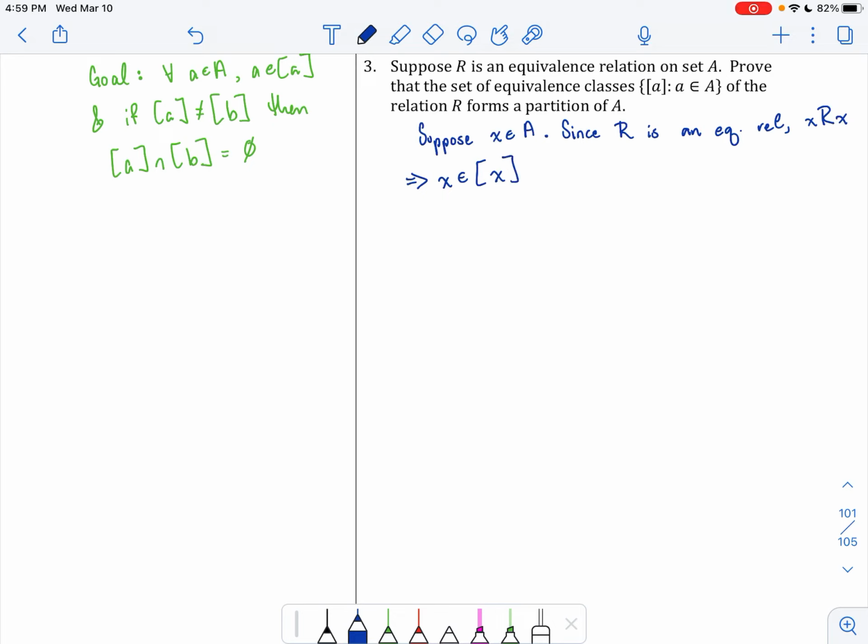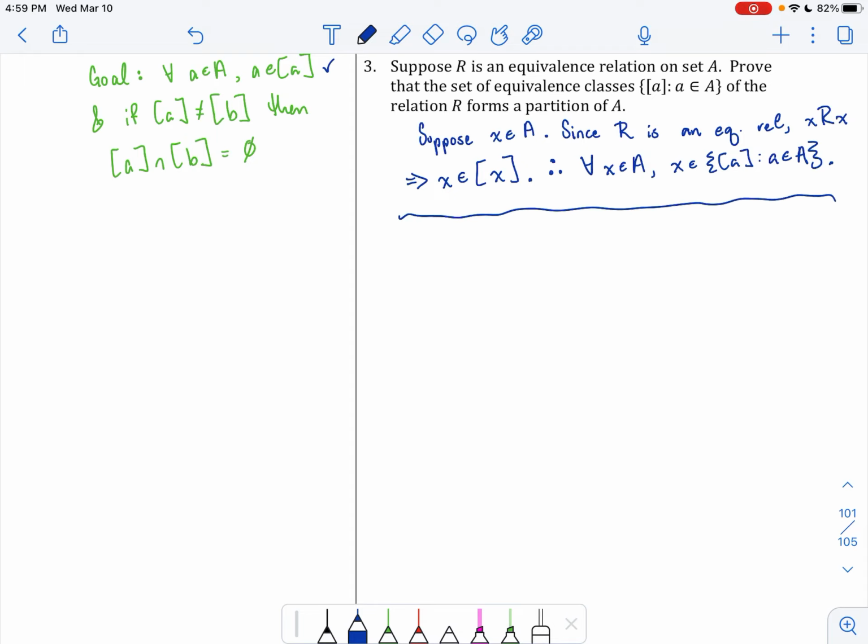Right? And so what we know, using the reflexive property, is that therefore for all x in A, x is in the set of the equivalence classes. Because it's reflexive, we know that every part is in there. So that's this first part here.